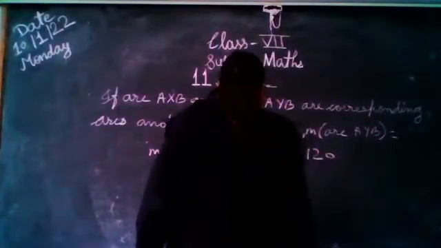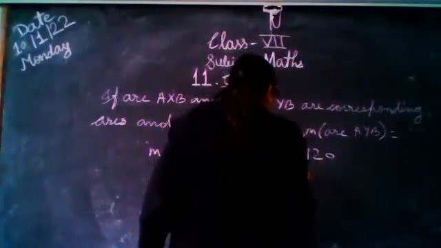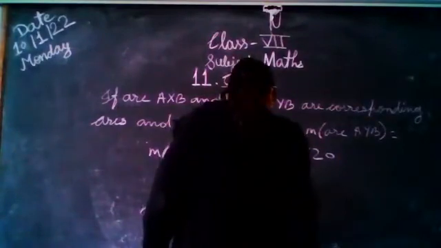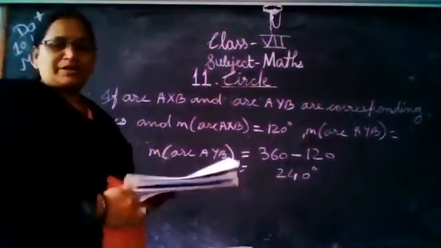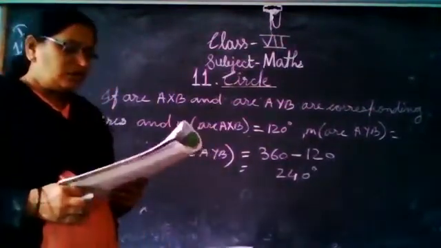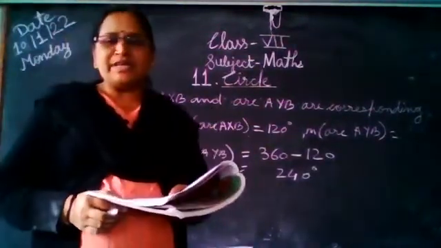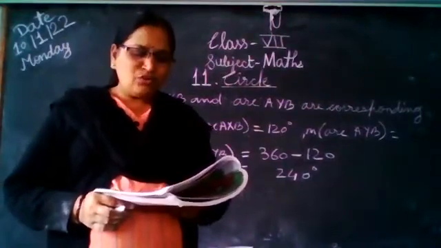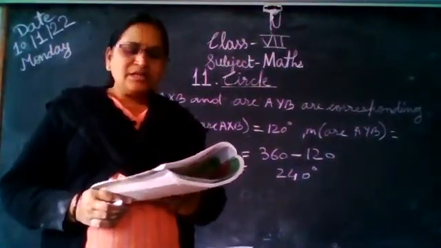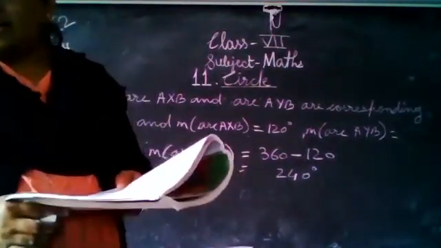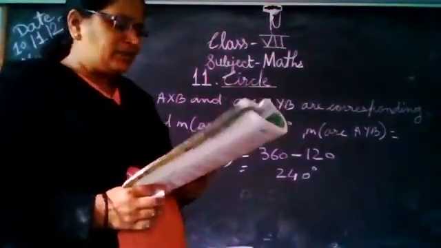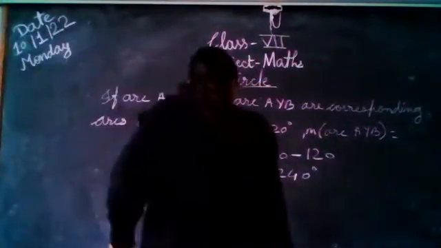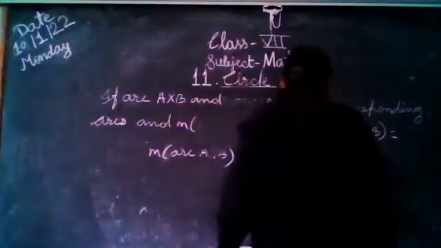So 360 minus 120, it is 240 degree. So the options given are 140, 60, 240 and 160. So the third option is the correct option. Okay, let's see, beta, question number 2.